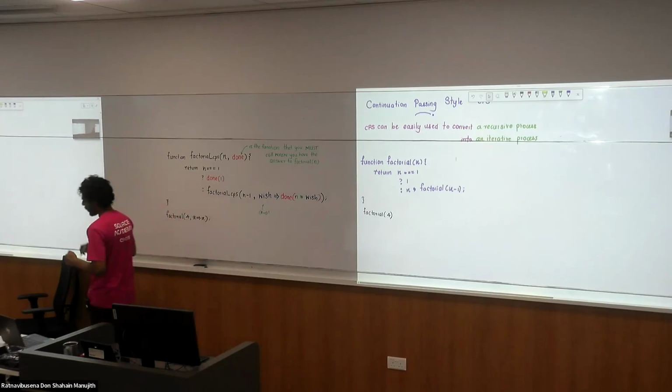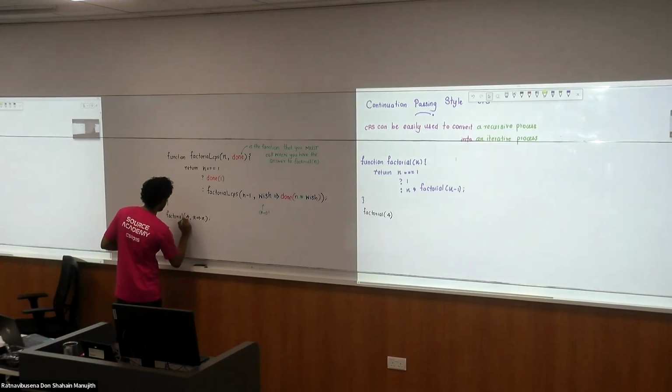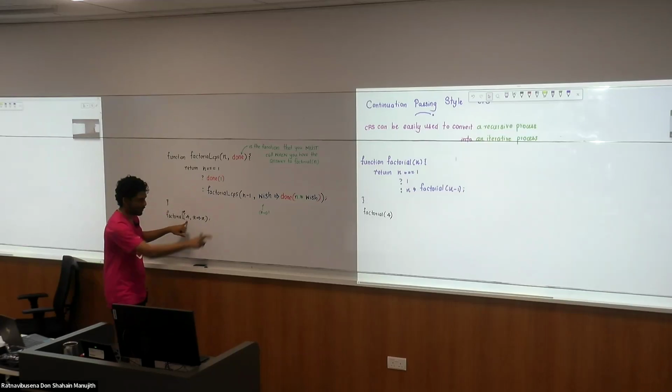So the done function, the function that you call it with, is actually the identity function. So this is factorial CPS, and when you call it, it must be with the number you want to calculate the factorial of, but the done function must be the identity function.